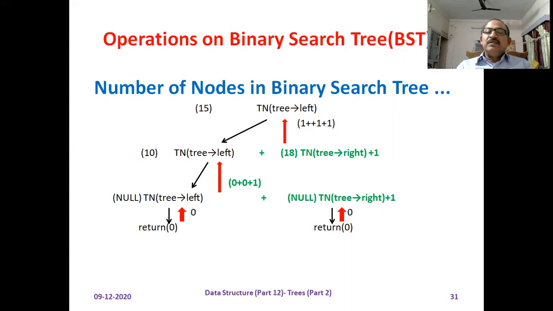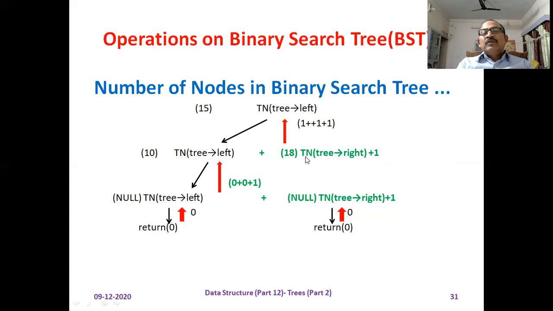Again, tree right is empty. The system gets a value 0. Okay. So 0 plus 1 is returned to tree left. Next suspended activity, this receives the value 1.